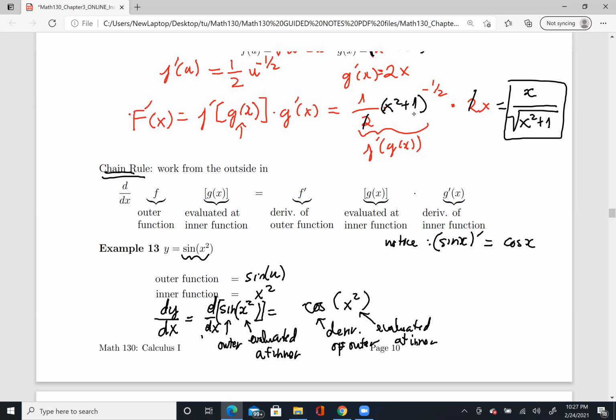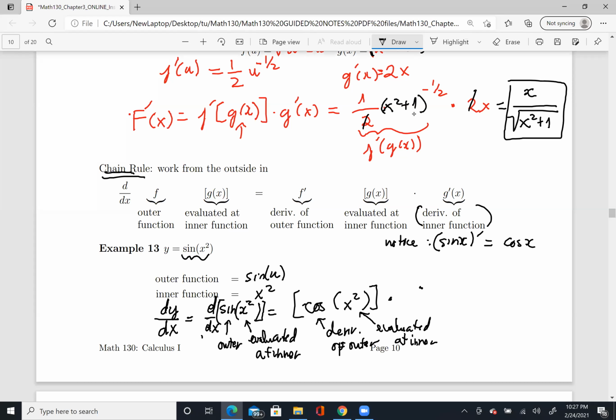Okay, and then I multiply by, I need to have parentheses here, I multiply by the derivative of the inner function, which is, I'm going to write 2x. Right, so the derivative of inner, which is x squared. So I put x squared here. The derivative is going to be 2x, right?